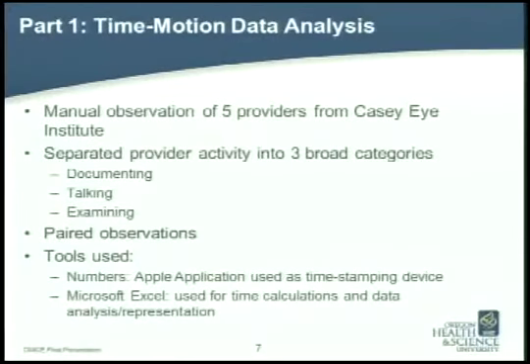What we found was that there were no significant differences and that we were essentially equivalent. So from that point on, I performed the rest of the observations by myself. Some of the tools that I used included the Numbers application on the iPad. This is what we use for our time stamping device, as well as Microsoft Excel for all time calculations, data analysis and representation.